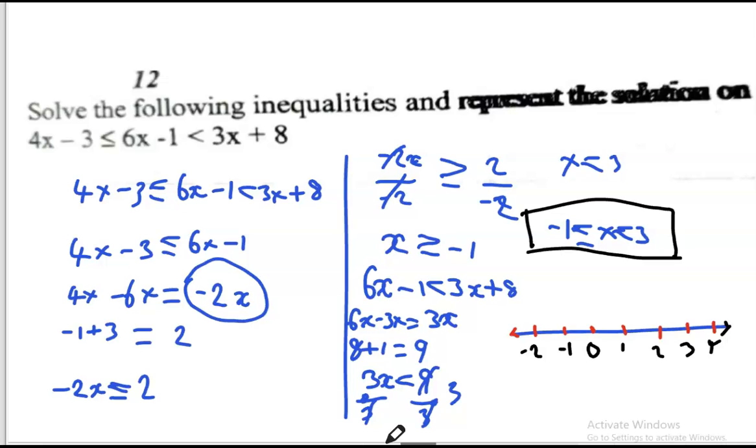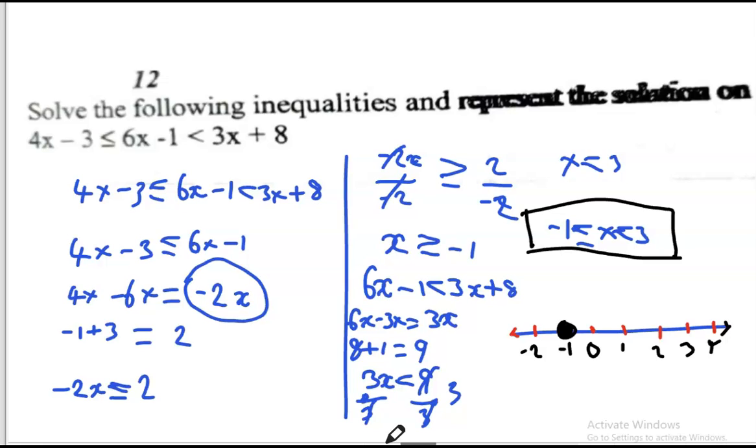When you come here to represent this information on the number line, you have negative 1. Put a circle on that negative 1, but it's going to be a closed circle. So you close it completely, and then draw your line going to the right-hand side.